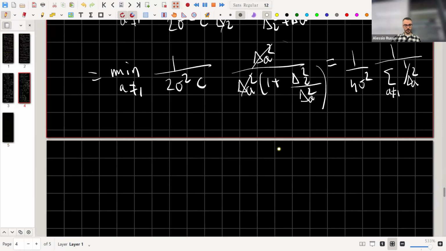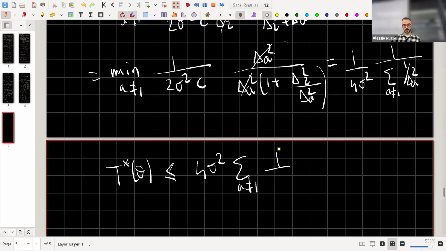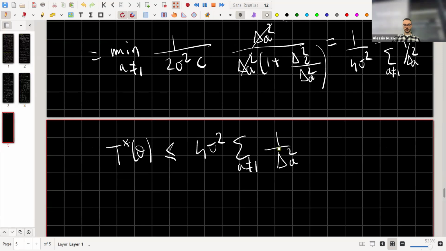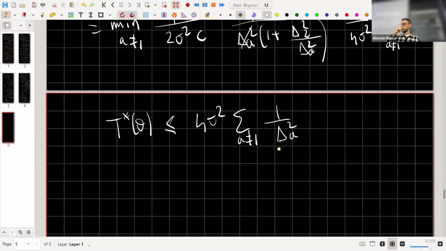And so we have just shown that T star theta must be upper bounded by 4 sigma squared, sum over A different from 1 of 1 over the gap squared. So yes, the gaps can characterize the complexity.